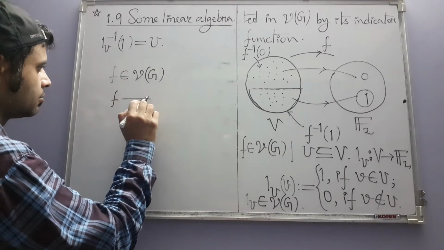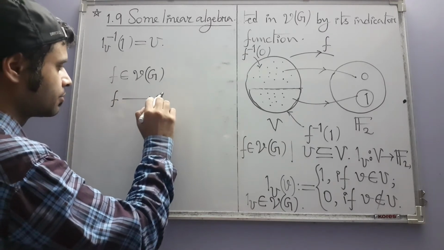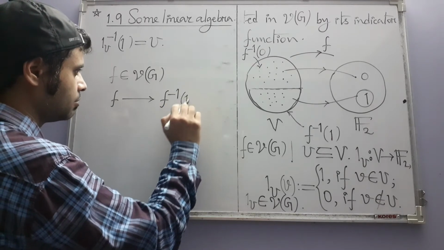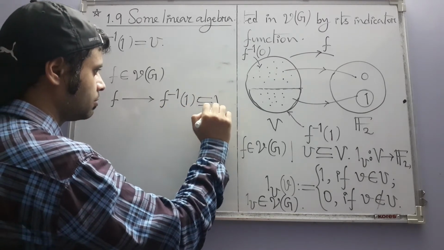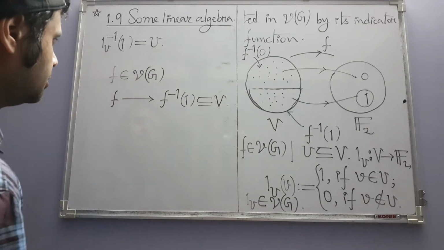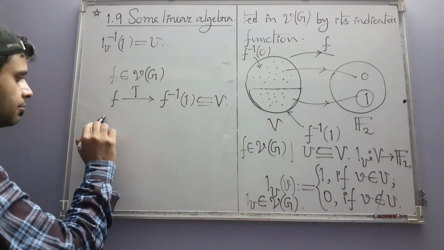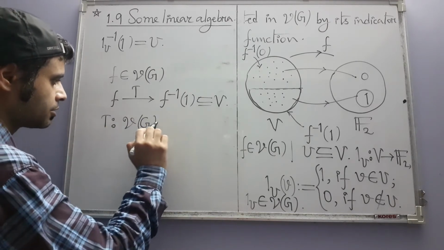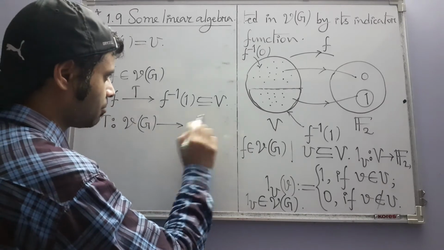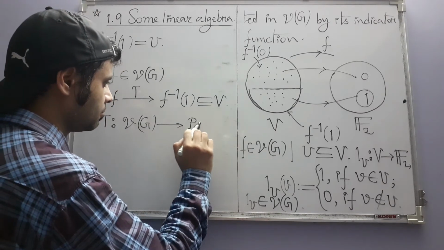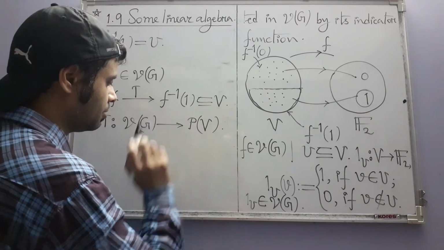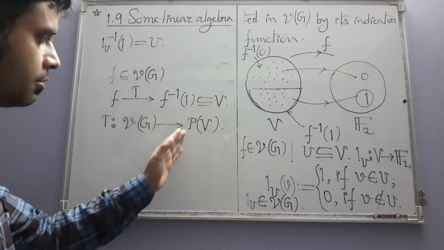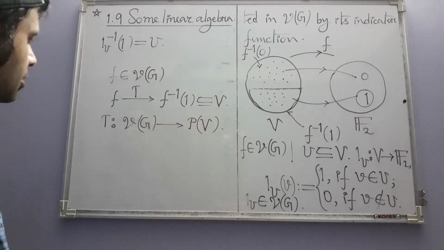This f corresponds to the subset f inverse of 1 of V. That means you now have a function T from your vector space into the power set of V, P of V, or 2 to the power V, whatever you want to use to denote the power set.